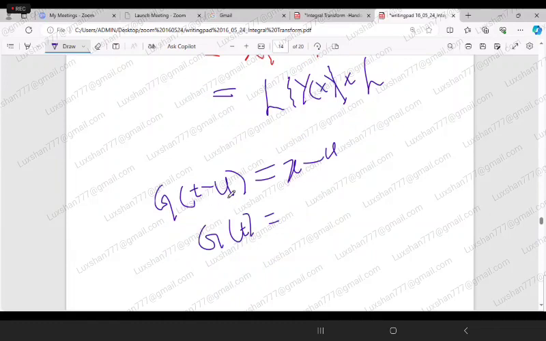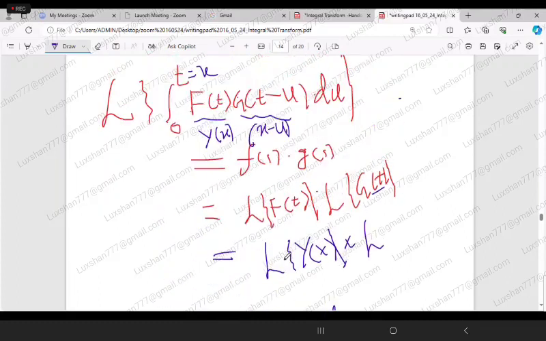If g(x minus u) is x minus u, what is g(x)? It is simply x, because wherever you have x minus u, you can put x. So that is equal to x. Therefore, this is actually the Laplace transform of y(x) into the Laplace transform of x.